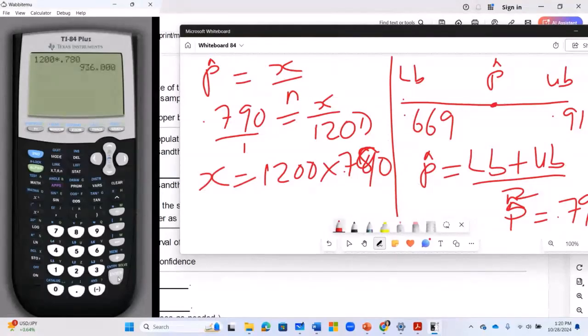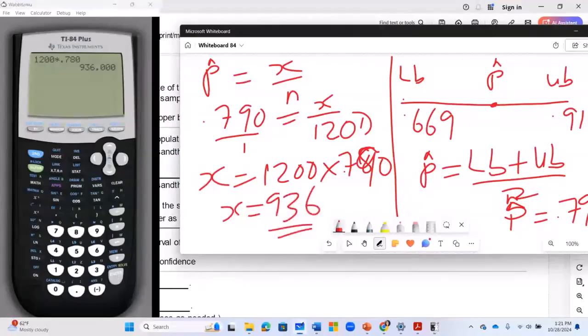And so actually, it is 936. So 936 people showed up. So x is equal to 936 out of 1200.